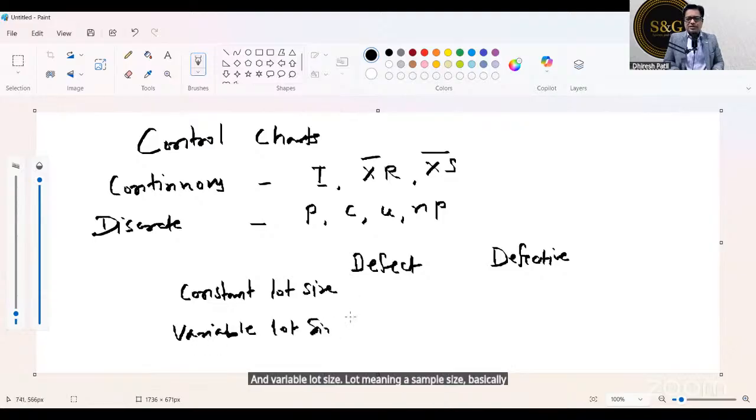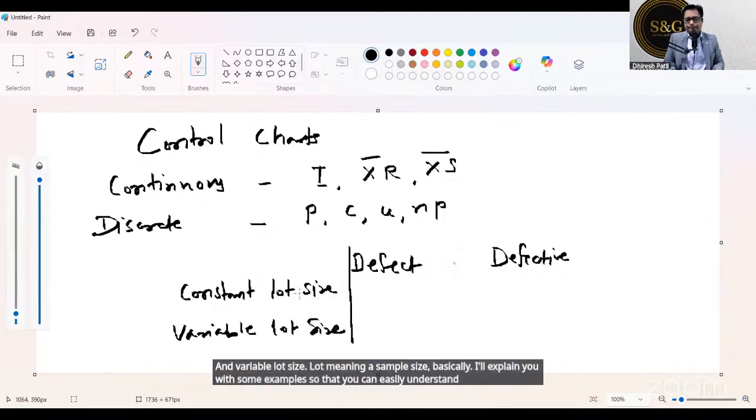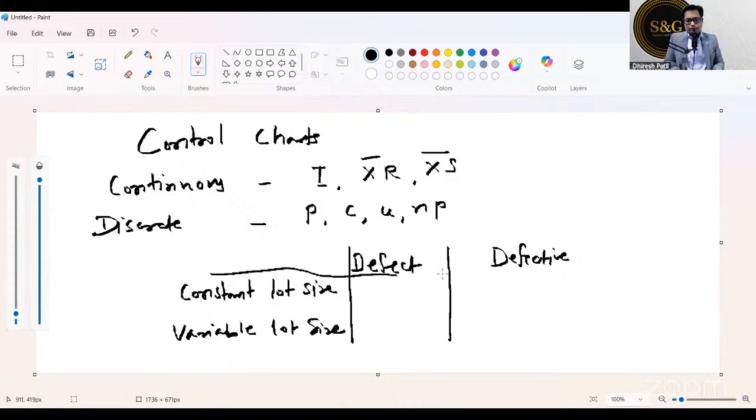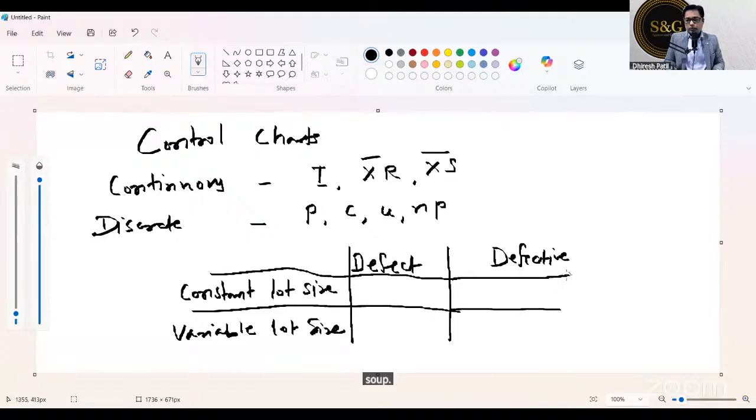I'll explain you with some examples so that you can easily understand it. Now here you write C chart and U chart.